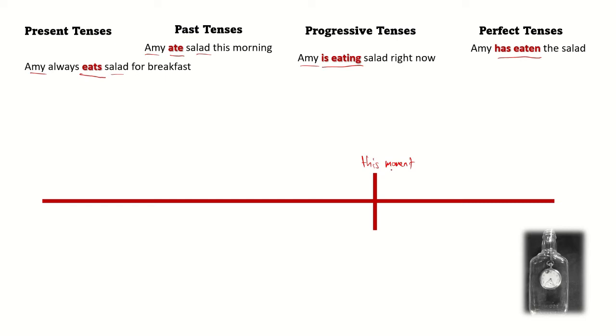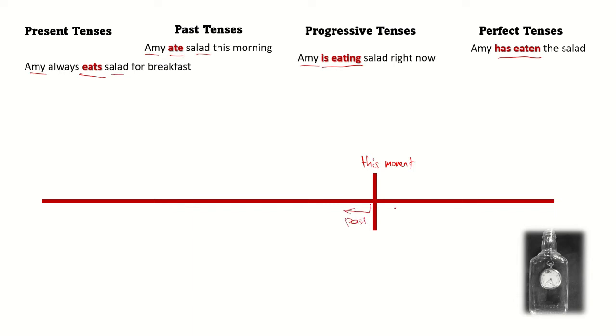So anything that happened in present time will cross this moment. So in present tenses, it means that the event happened this moment. It doesn't matter when it starts or when it ends, but it happens this moment. Now, for the past tenses, it expresses anything that happened in the past.